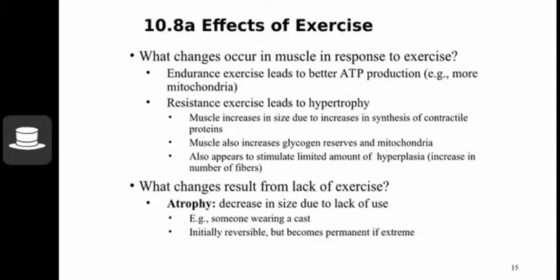If you do resistance exercise, that leads to the muscle cell getting larger as you put in more actin and myosin, so that's hypertrophy. If you don't exercise, then the muscle cells shrink, and that's atrophy. And remember, you don't lose or gain cells. The overall muscle size and the size of the cells will change.